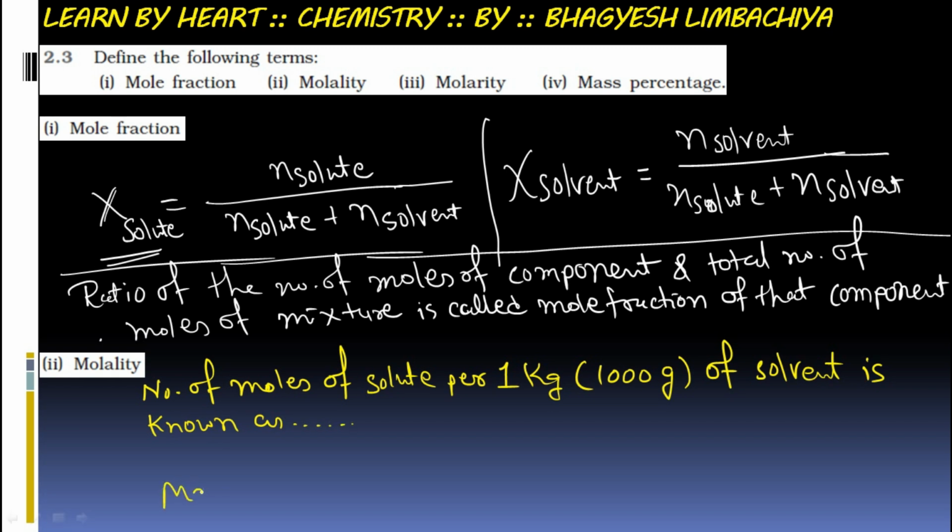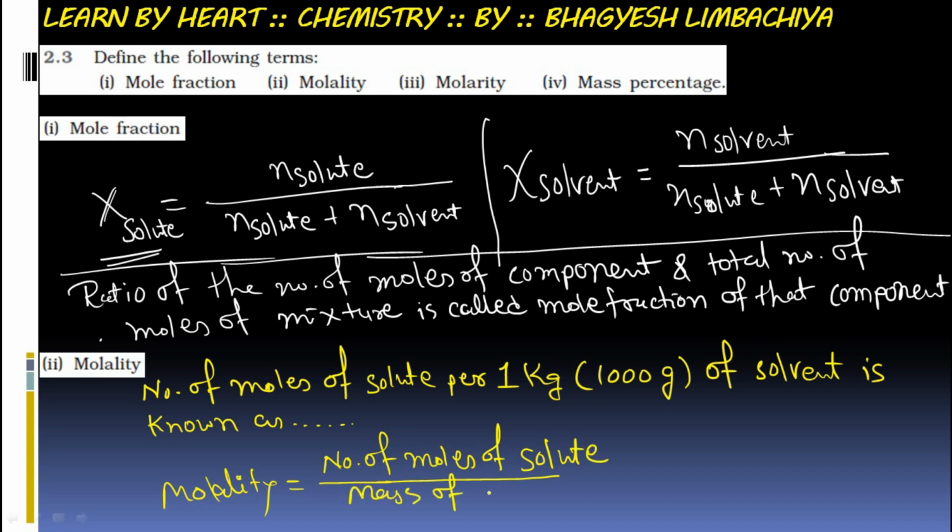The formula of molality will be the number of moles of solute divided by the mass of solvent in kilogram.